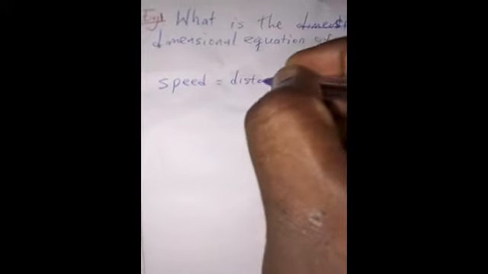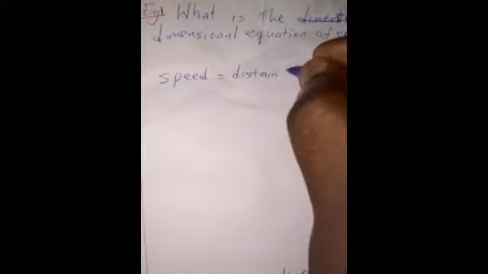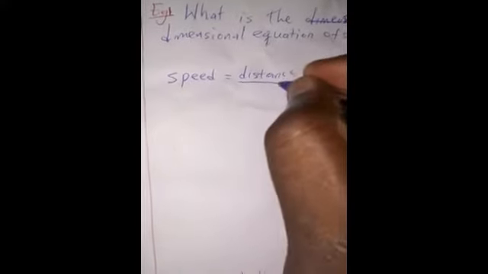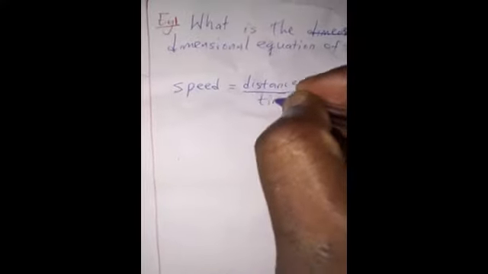Okay, so now for speed, what I know is that speed is equal to distance divided by time. Distance over time.